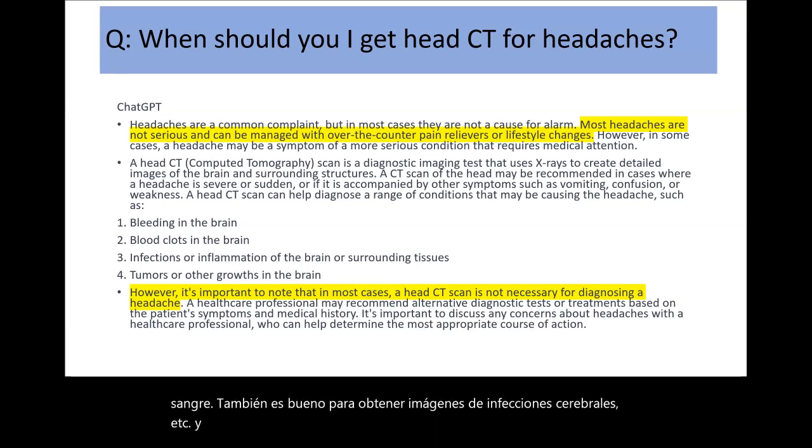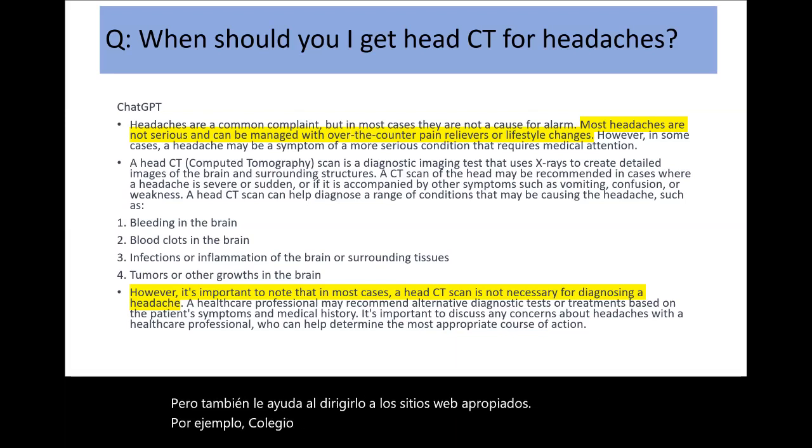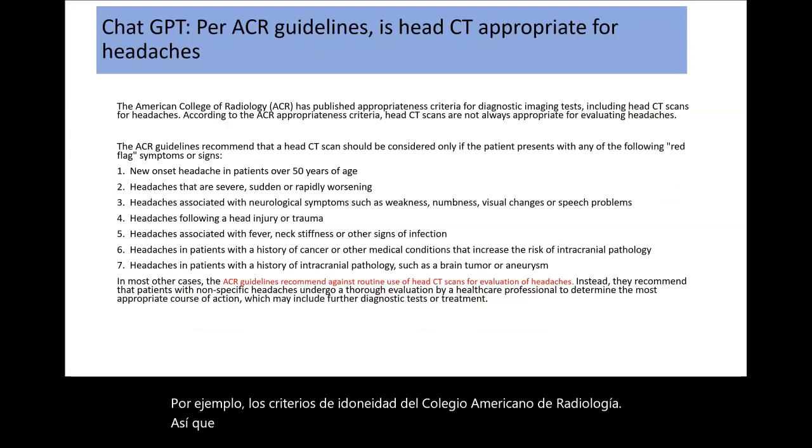But it also helps you by directing you to appropriate websites, like, say, for example, American College of Radiology appropriateness criteria. So if you go through ChatGPT into ACR guidelines, then you have more detailed indications for when a head CT is appropriate in somebody presenting with headache.